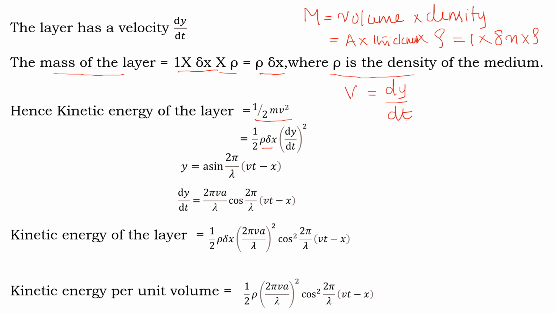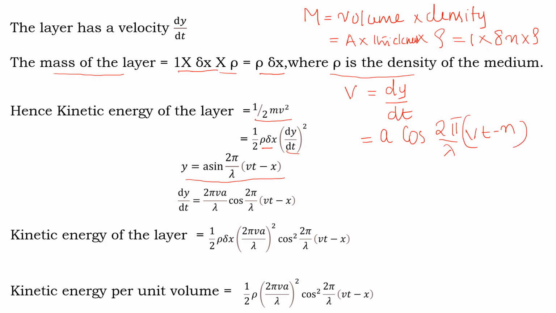Then velocity square is dy by dt square, and y is given as a sin 2 pi by lambda into vt minus x. Therefore, dy by dt will be differentiating y with respect to t. That is, dy by dt means a is a constant, amplitude is a constant. Then sin theta is cos, that is sin 2 pi by lambda into vt minus x is cos 2 pi by lambda into vt minus x.